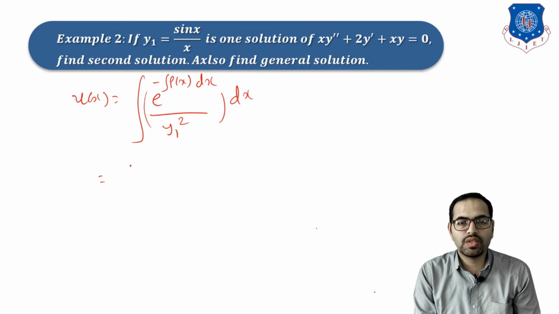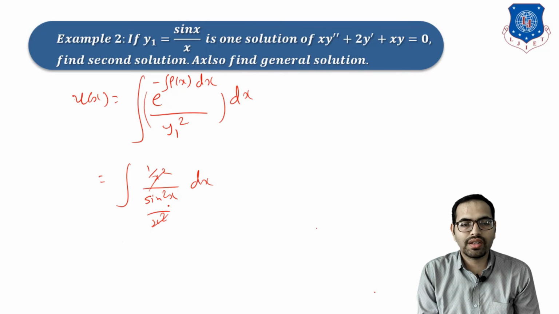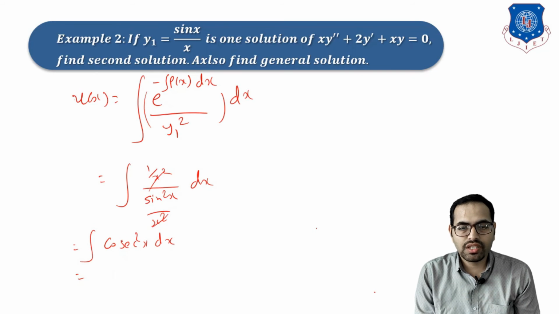Now just substituting this value here, 1 upon x square, and y1 has the value sin x by x, it becomes sin square x by x square, which cancels out. Simplifying that term, it becomes cosec square x dx. Integration of cosec square x is minus cot x, that is the value of u of x.